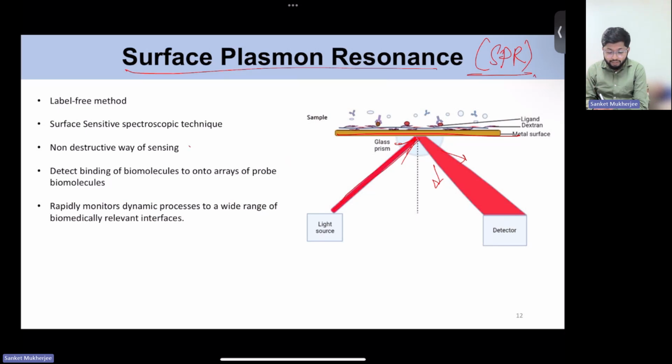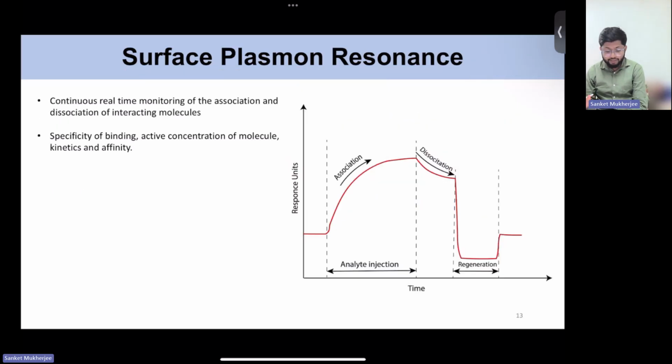So it's a non-destructive way of sensing; your sample does not get destroyed. It detects binding of biomolecules into arrays of probes. It rapidly monitors the dynamic process across a wide range of biomedically relevant interfaces.